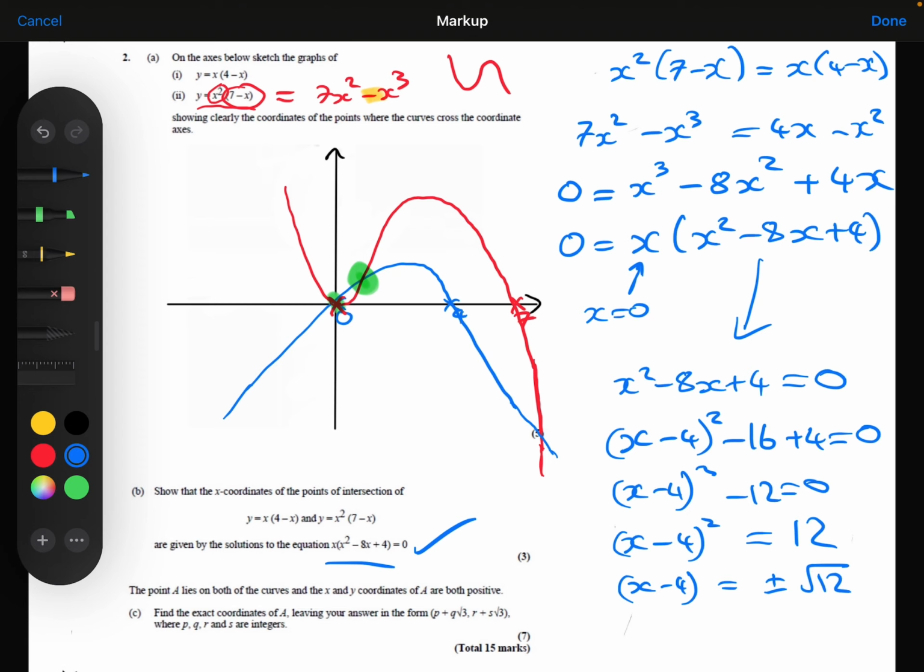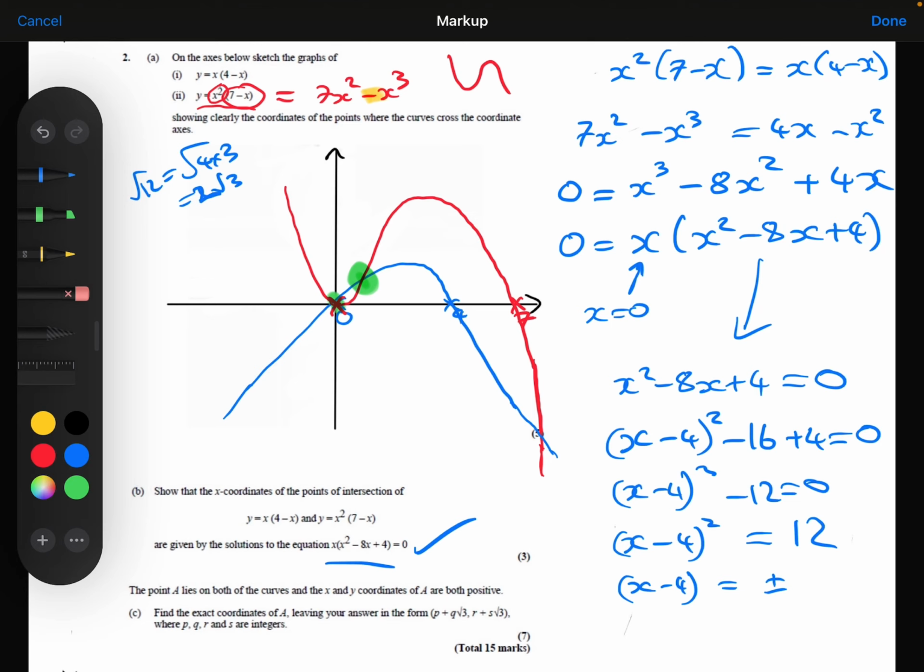Root 12 here is the same thing as root 4 times 3, which we could simplify to be 2 root 3, because the square root of 4 is 2.